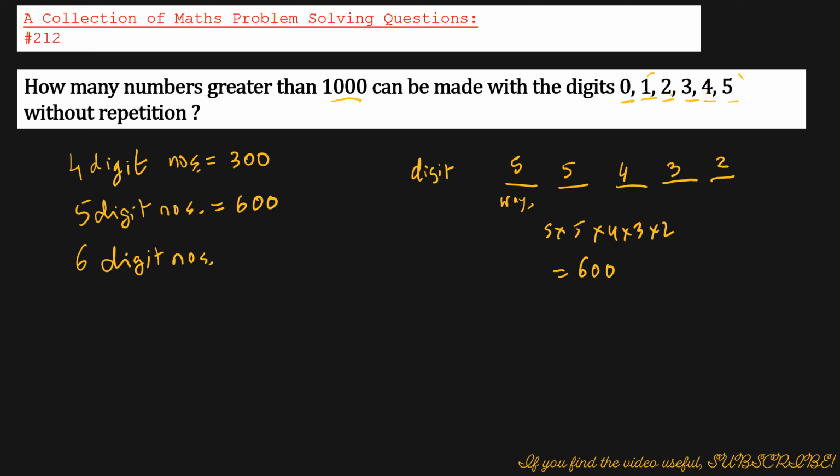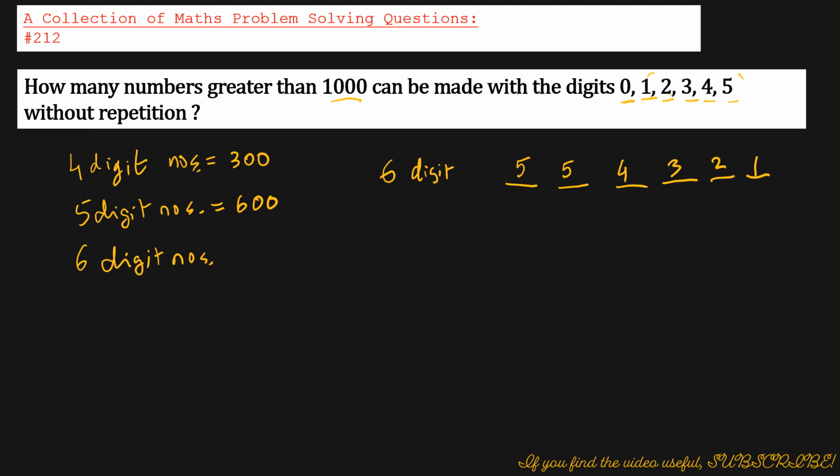Next, we go to the 6-digit numbers. How many 6-digit numbers can we make? We will have one more space for the 6-digit number. Once more, you cannot have a 0 at the beginning, so there are only 5 ways to fill in the first place, then again 5 ways, then 4, 3, 2, 1 way.